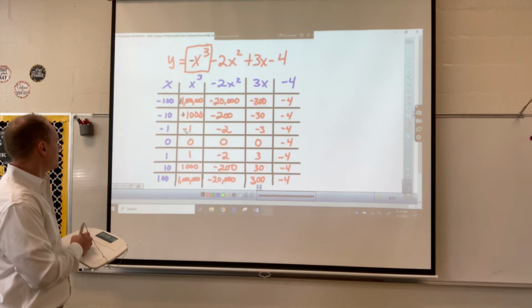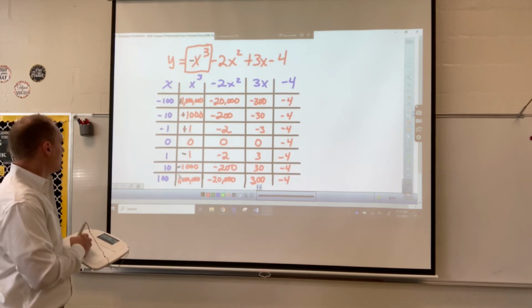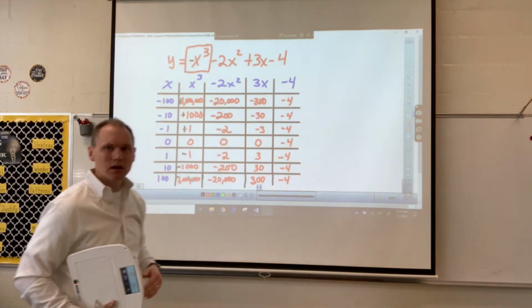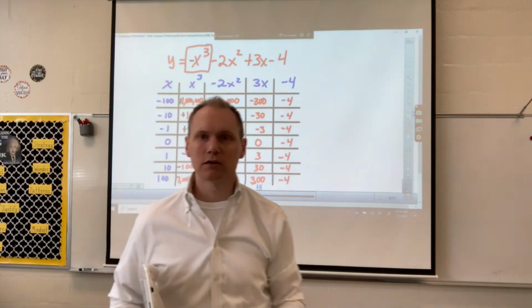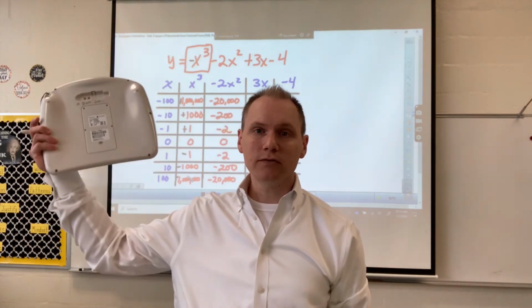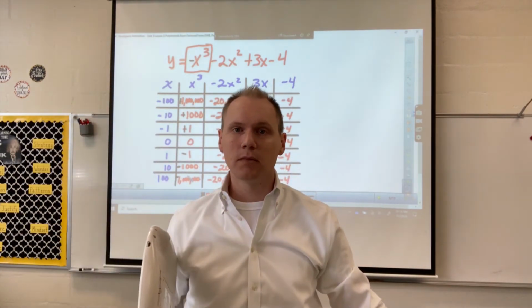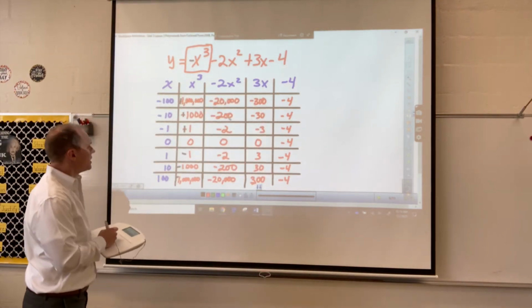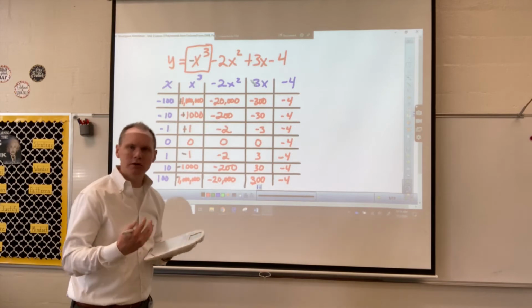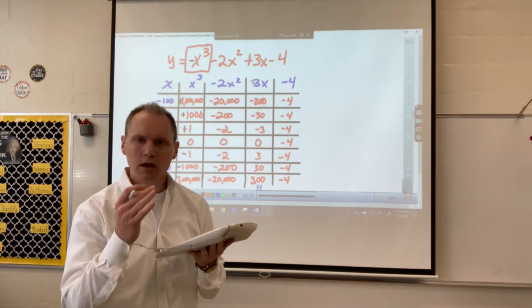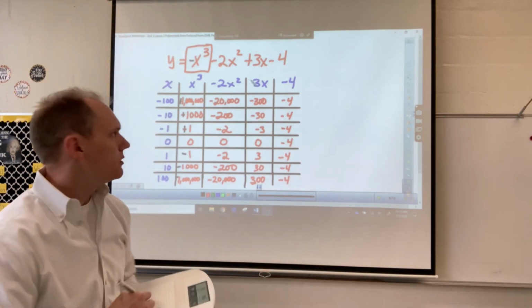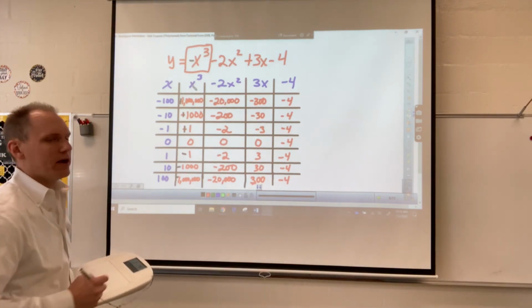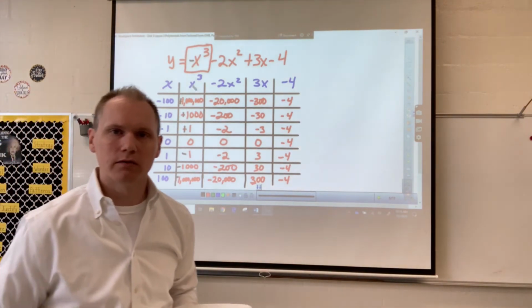So it'd be plus here and minus here, which gives us the opposite effect. So it would be up to the left and down to the right. And so we would see that happening here. So anyways, that just kind of gives you some understanding as to why the leading term, the highest power, determines the end behavior of a polynomial.